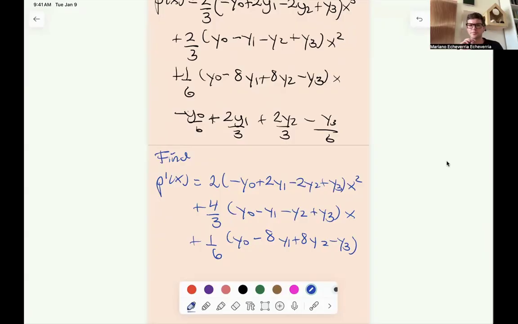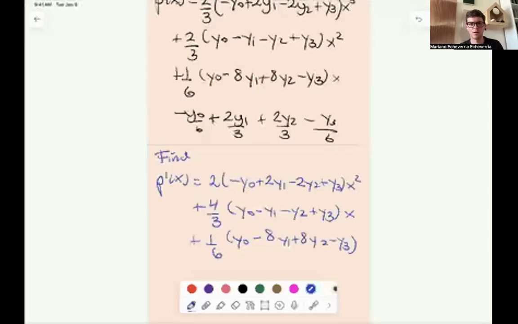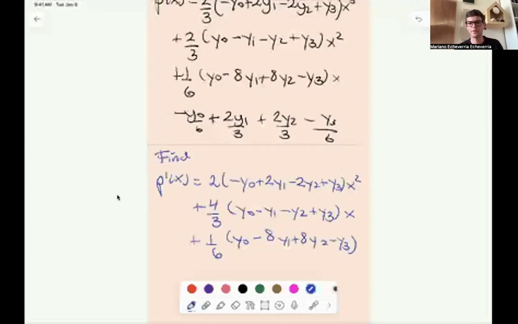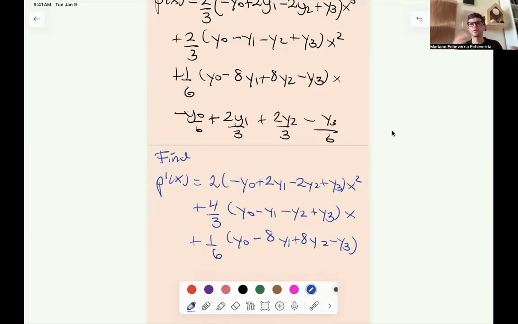And then comes the part where once you have the derivative of the polynomial, you have to evaluate it at each of the nodes.